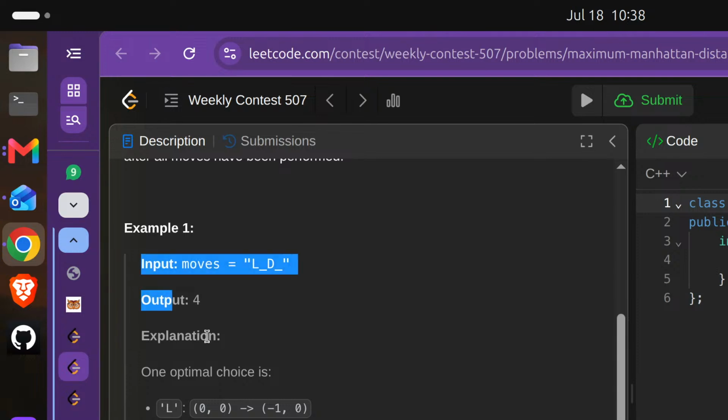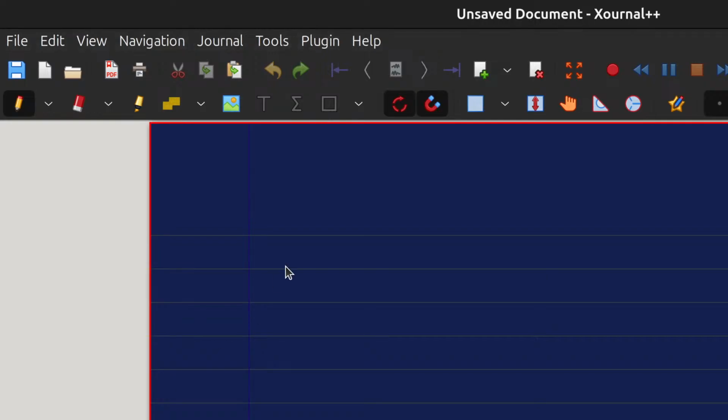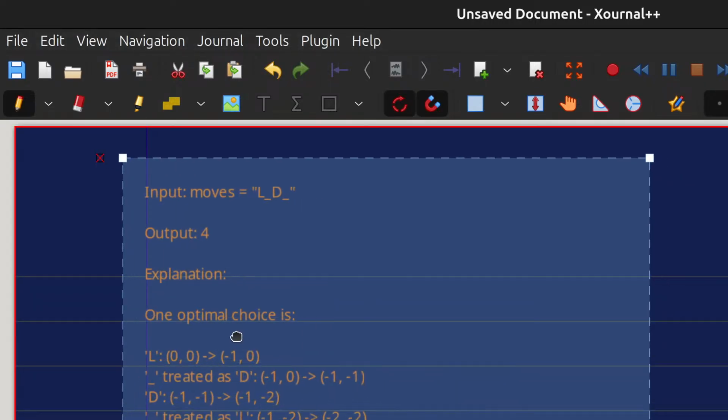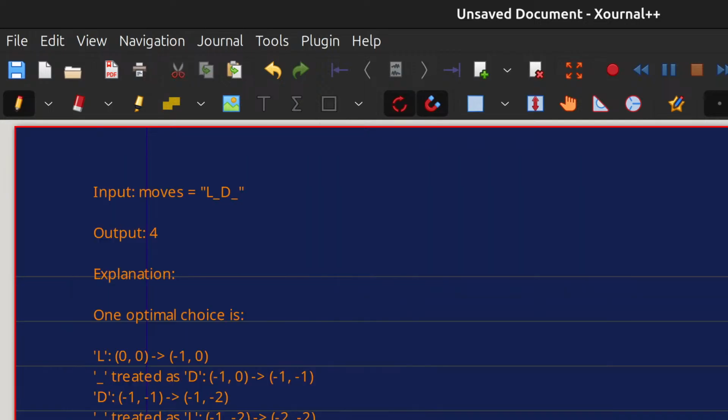Let's say this is the question, right? Alright, so we have L, D, underscore. So we are at origin. We go left first, 1 unit.